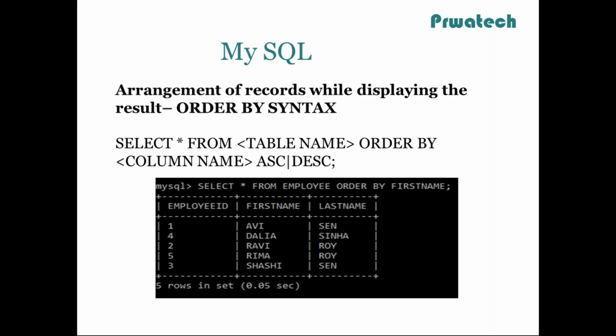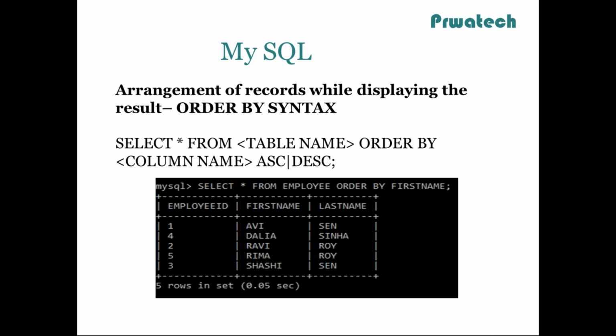So here, as you can see in the screenshot, we have written SELECT * FROM employee, which is the name of our table which we had created, and then we wanted it to display the entire records, but in ascending order with regard to the first name column.